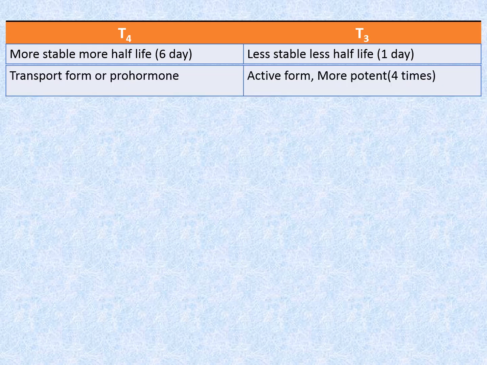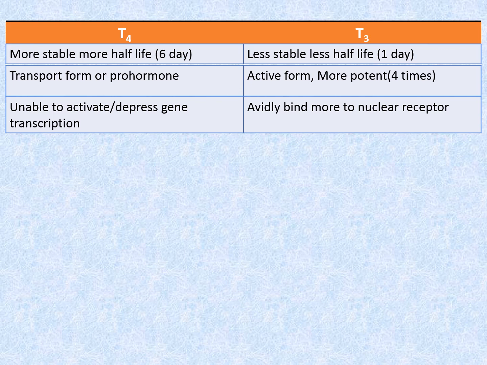T4 is mainly the transport form or prohormone, while T3 is the active form, 4 times more potent as compared to T4. Next, T4 is unable to activate, or sometimes may depress, the genetic transcription, while T3 binds with the nuclear receptor.